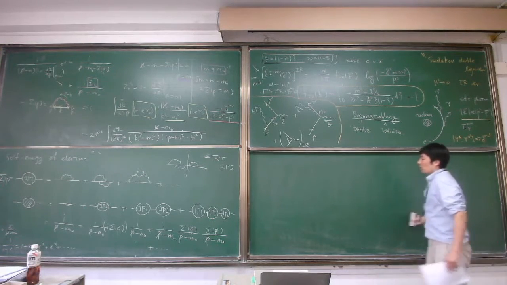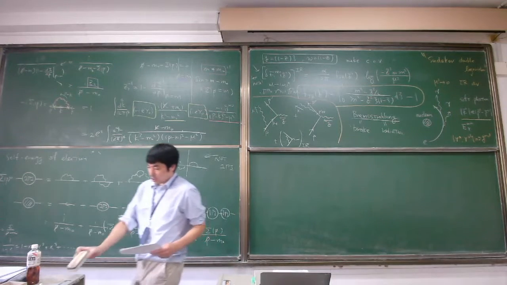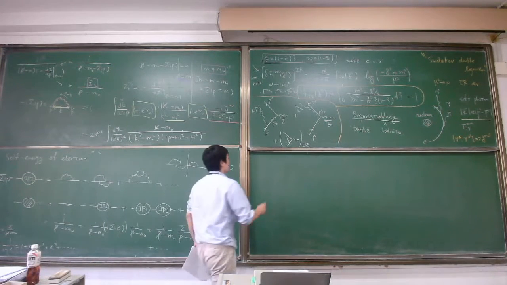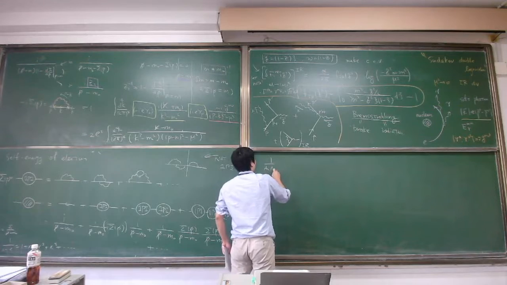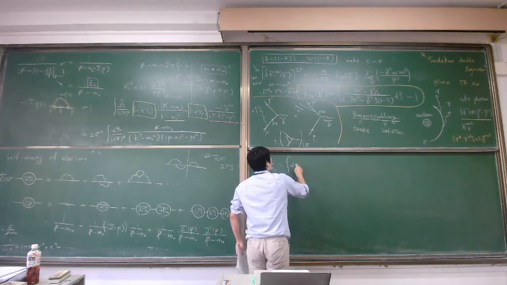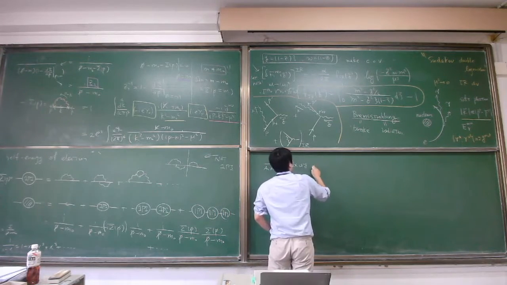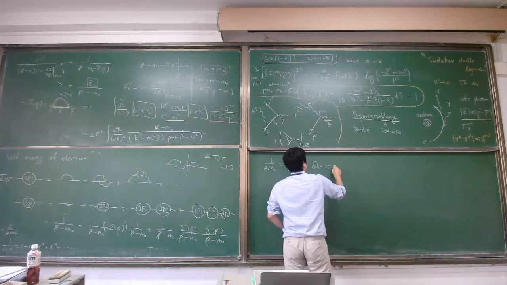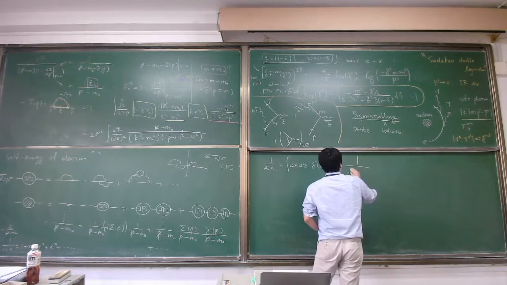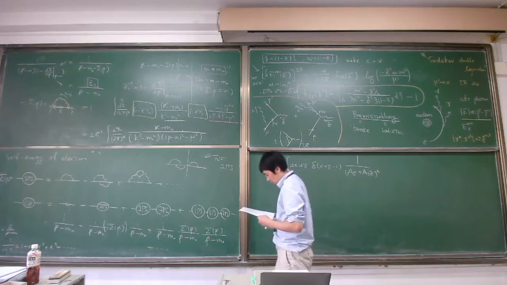Okay. So again, we will introduce Feynman parameters. As I mentioned, 1 over A1 A2 is equal to the integral dx dy delta of x plus y minus 1 over (ax plus 2y) squared. That's the Feynman parameter we will introduce.